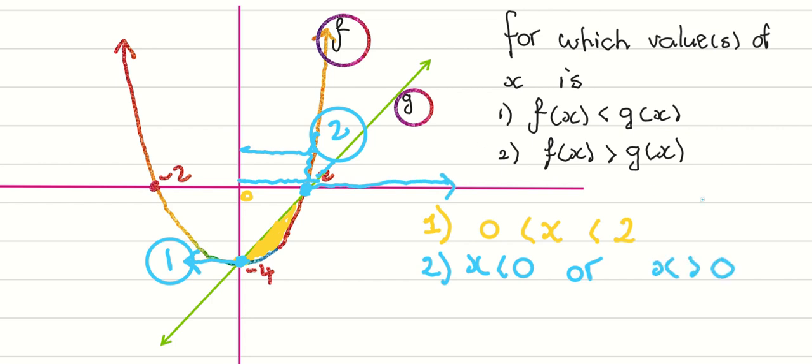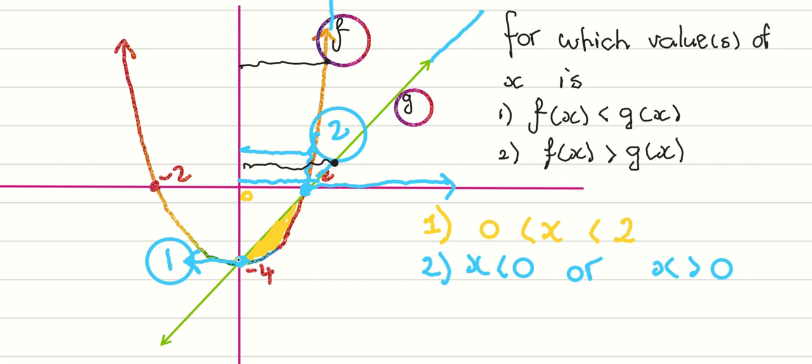Because if these functions were to continue with these same shapes, my parabola is still going to be above the straight line, right? Let's say we're taking a value over here, right? For the same value, the parabola is much higher than the straight line. And so again, this is the two situations where it happens.